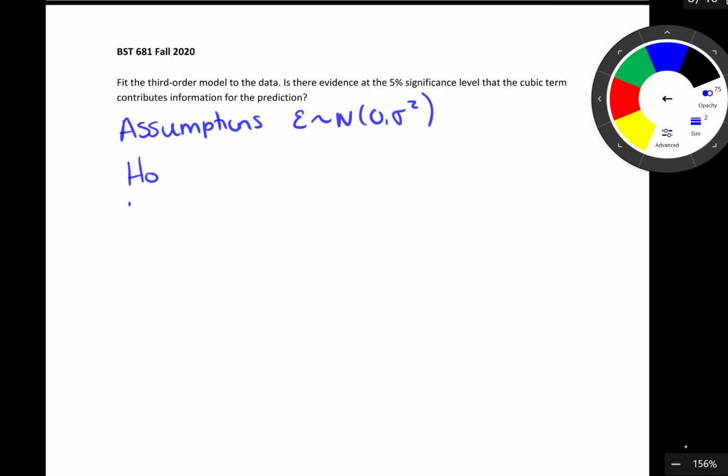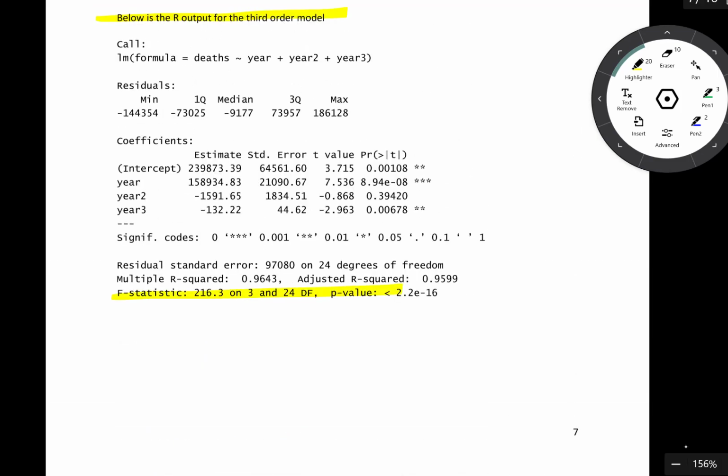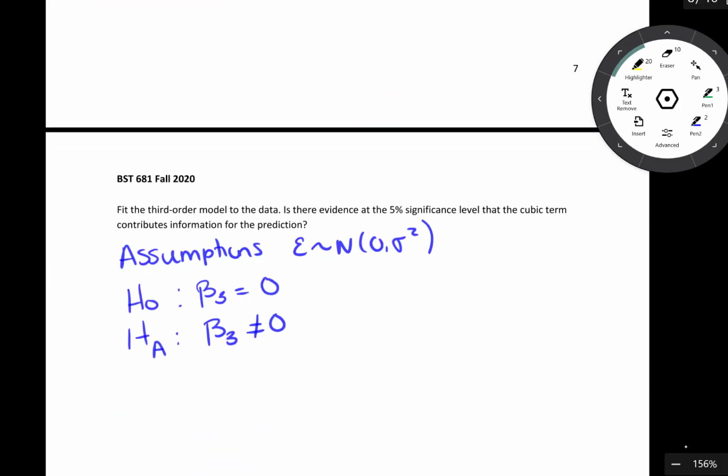The cubic term is the third term. One thing I should note is that before performing this test, I should do the overall model utility test. We're going to assume that we did that and it was significant. And actually, if we go back and look at our output, you can see that it is significant.